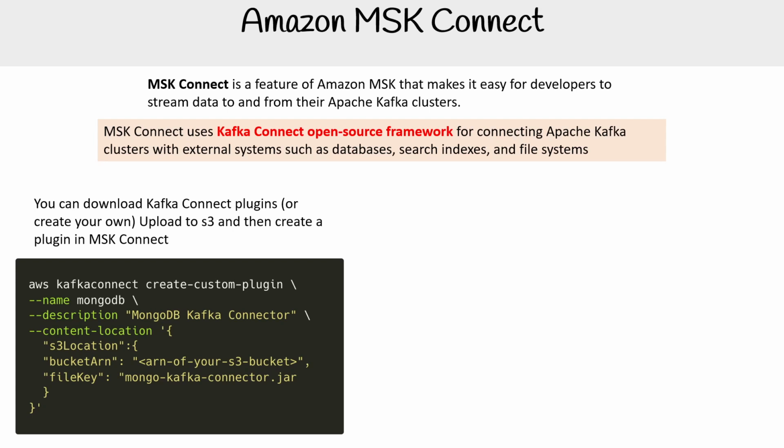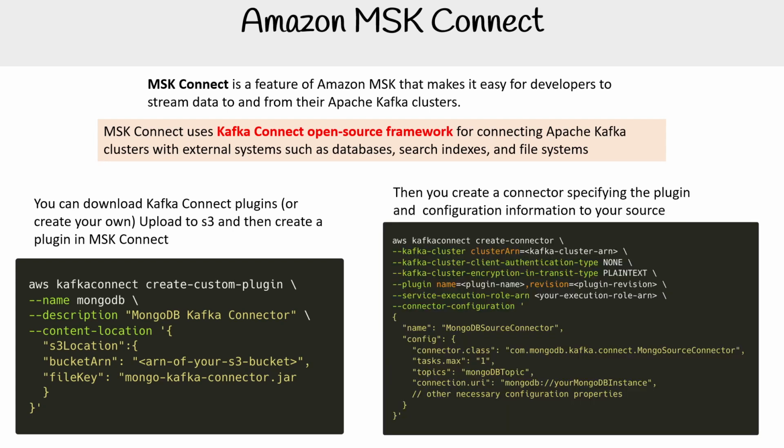And you can bring them into S3 and then reference them in S3 to create a custom plugin. Then you can create your connector referencing that plugin, and also provide source information. So here, if it's MongoDB, we're providing the connection URI to our MongoDB instance. And that's a way for us to pipe or stream data from a variety of services.